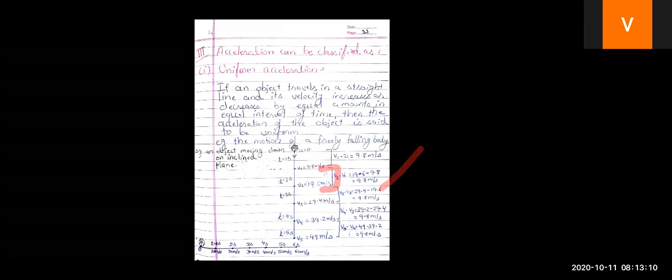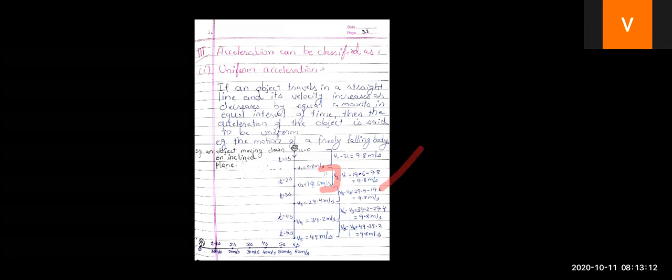Right. Now let's see what the change in the velocity is. Here the velocity changes by 9.8 minus 0, that is 9.8. Next, how much velocity change, how much increase in velocity? 19.6 minus 9.8, that is 9.8 meter per second velocity change.